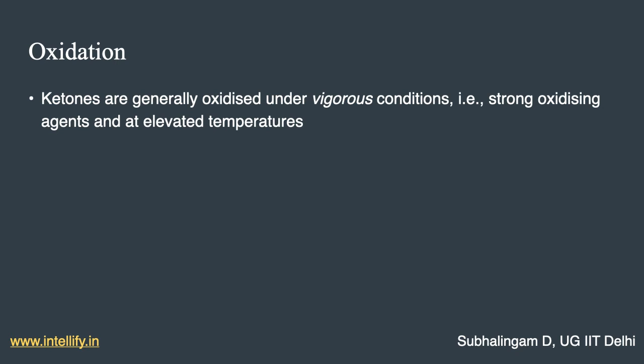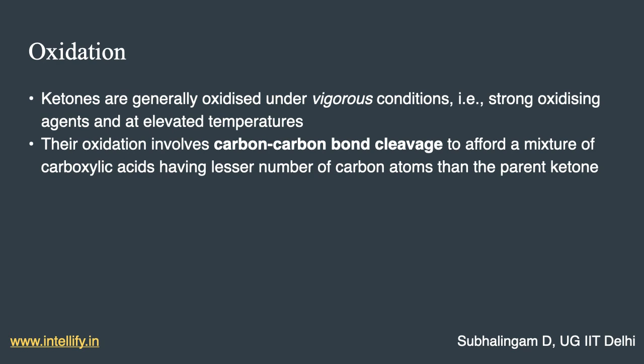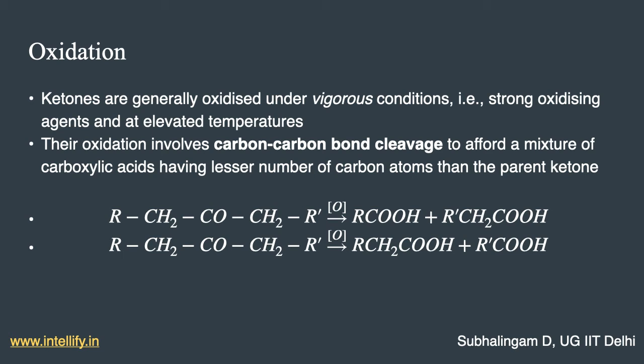Ketones are generally oxidized under vigorous conditions, that is, strong oxidizing agents and at elevated temperatures. Their oxidation involves carbon-carbon bond cleavage to afford a mixture of carboxylic acids having a lesser number of carbon atoms than the parent ketone. So if I have RCH2COCH2R and I treat it with a very strong oxidizing agent at some elevated temperature, there are two possible reactions.